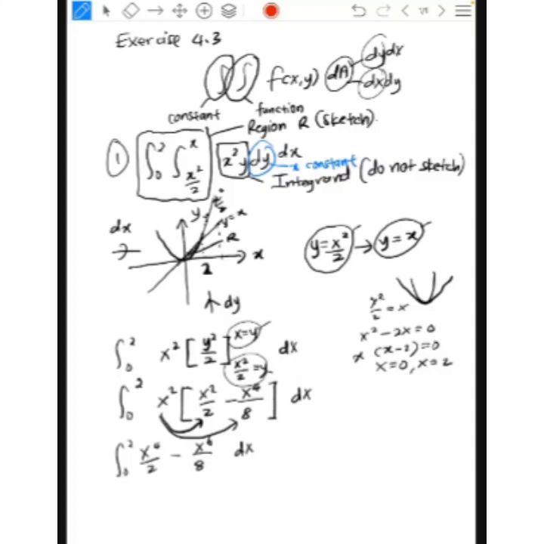Okay, so integrate will be x to the power of 5 over 10 minus x to the power of 7 over 7 times 8 will be 56. 0 until 2. Then just substitute the value.